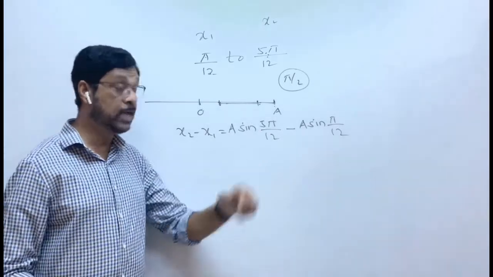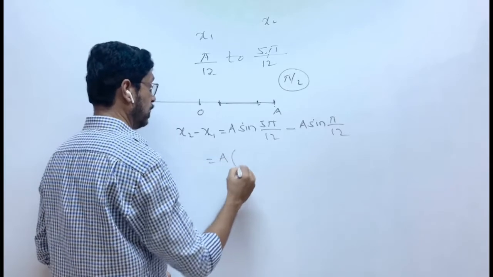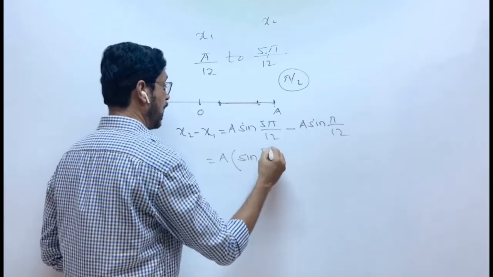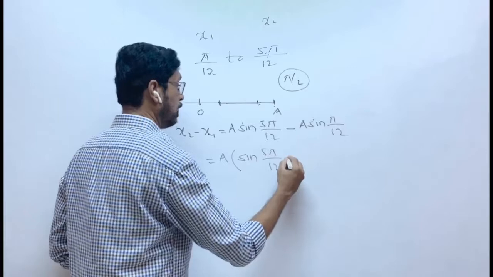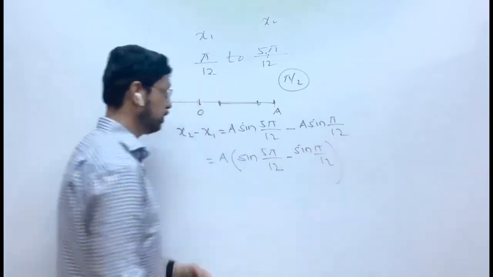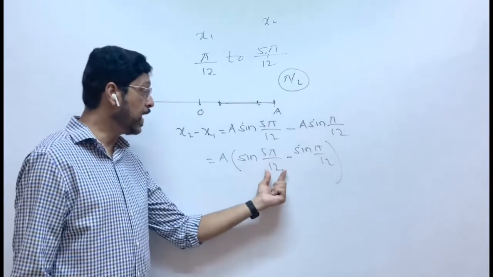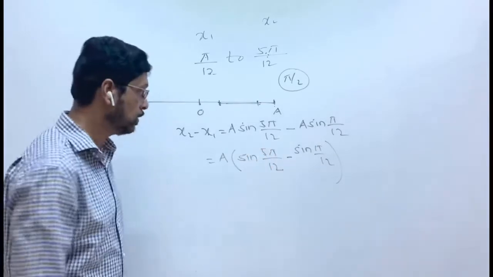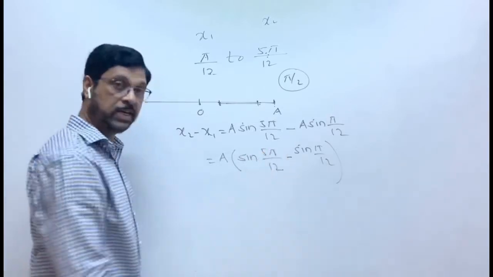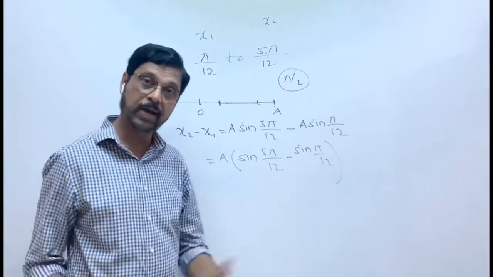You can now take a common. A into bracket sine 5 pi by 12 minus sine pi by 12. Right? If you can find it directly, well and good. That is, put 180 degrees here, do the division, put 180 degrees here, do the division, and find it.